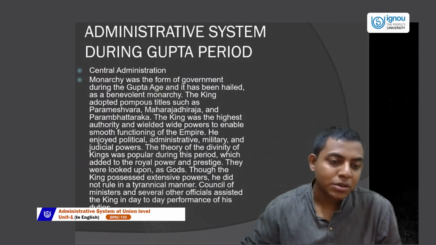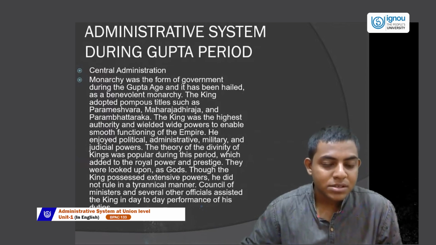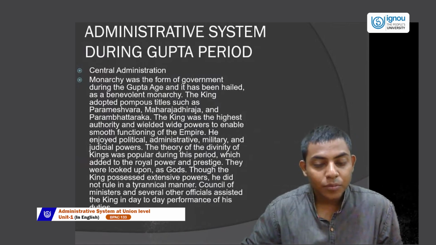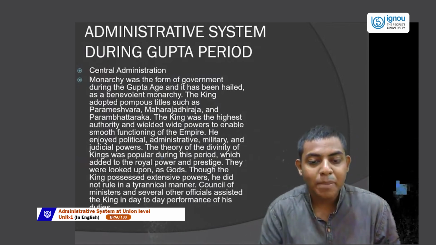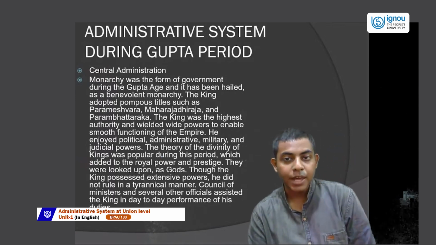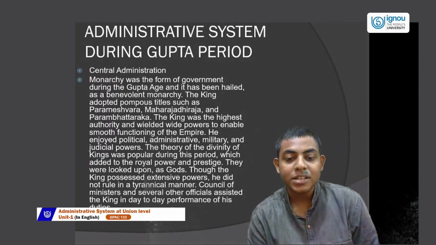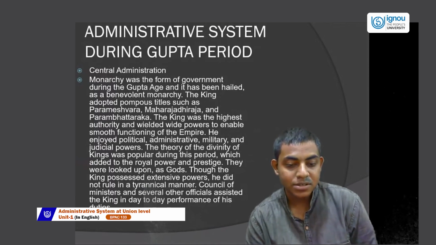And again, similar to the Mauryan period, the king enjoyed political, administrative, military, and judicial powers. The theory of divinity of king was also popular during this period, which further augmented the royal power and prestige of the king. In this period, the king was looked upon as a god, and possessed extensive powers.